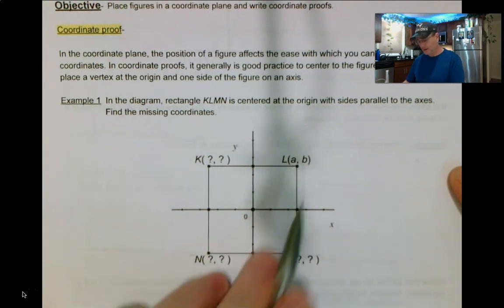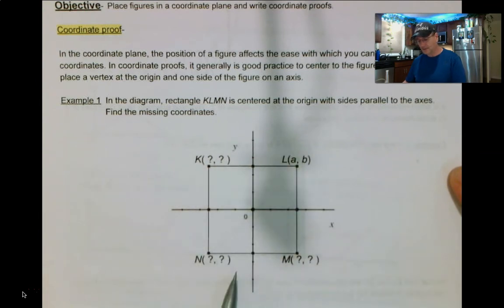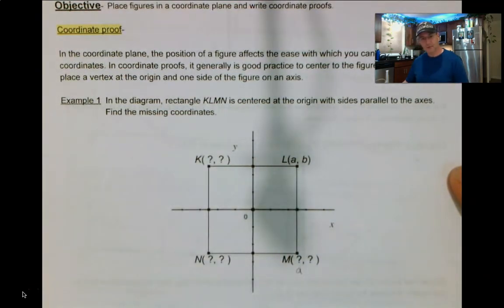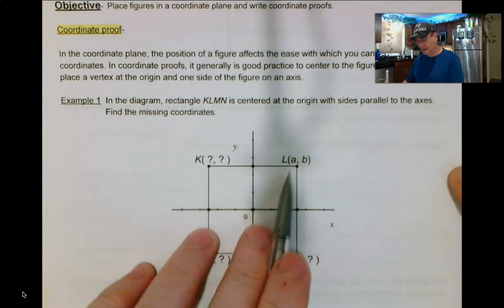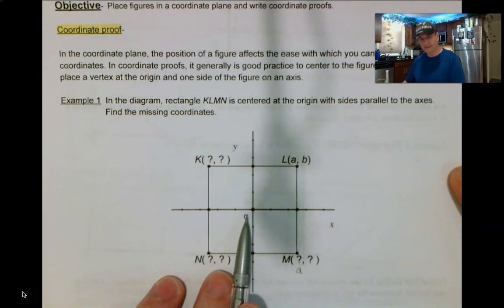For example, if this is A, B, and this needs to be a rectangle, then the x-coordinate for M has to be A as well, because L and M are the same distance away from the y-axis. So they're both A, something.